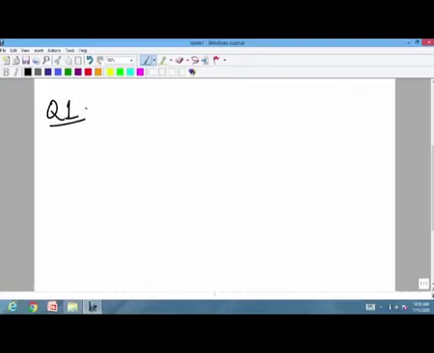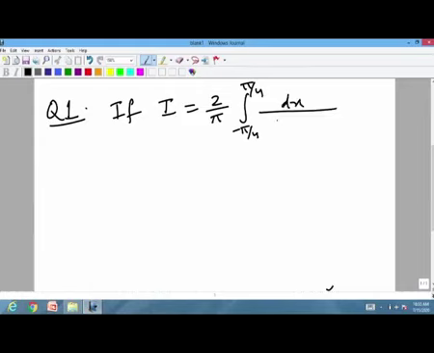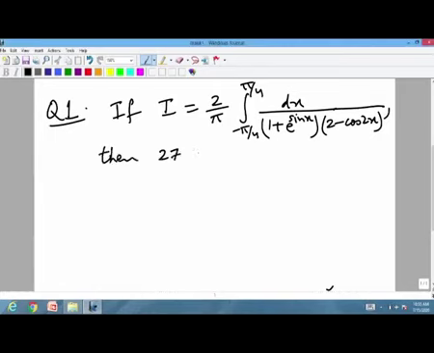Question 1 says that if I is equal to 2 over pi times the integral from minus pi by 4 to pi by 4 of dx over (1 plus e to the power sin x) times (2 minus cos 2x), then 27 times I square equals what?